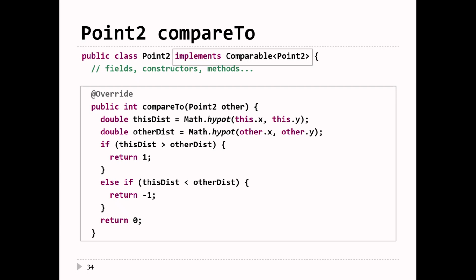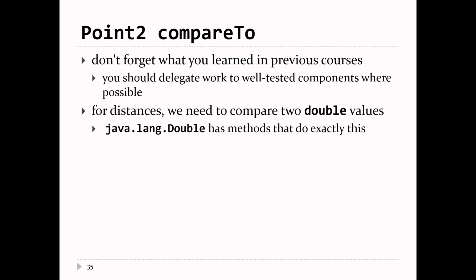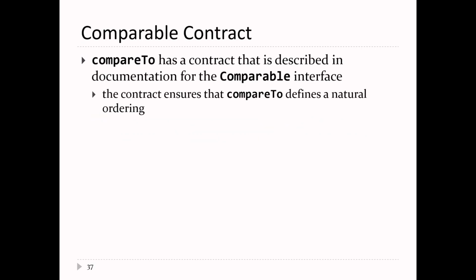It's only using the distances to compare. All the points on a circle have the same distance to the origin. None of those points are equal to one another, but compareTo says that they are quote unquote equal. So you have to be careful that compareTo doesn't necessarily mean equality. It just means that however you're comparing them, the value that you're comparing happens to be equal.